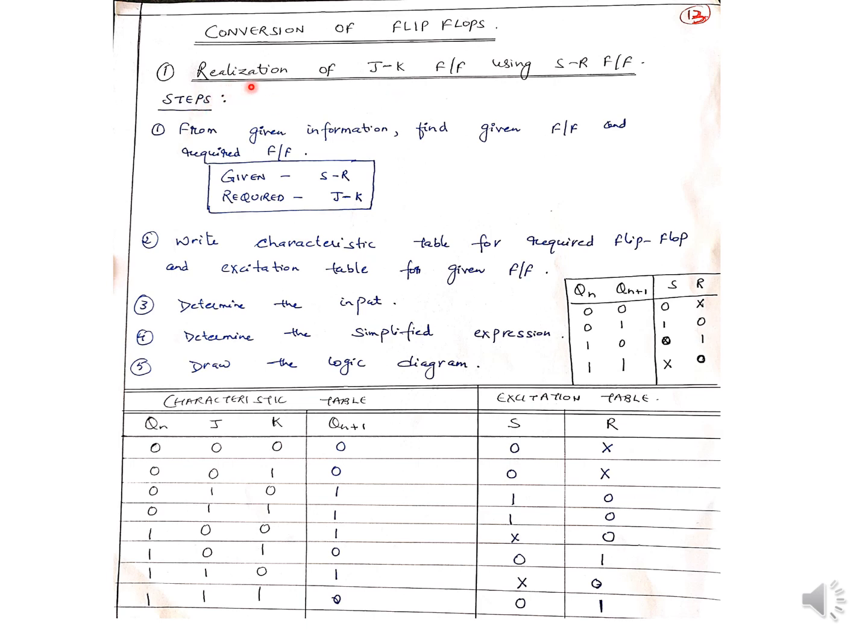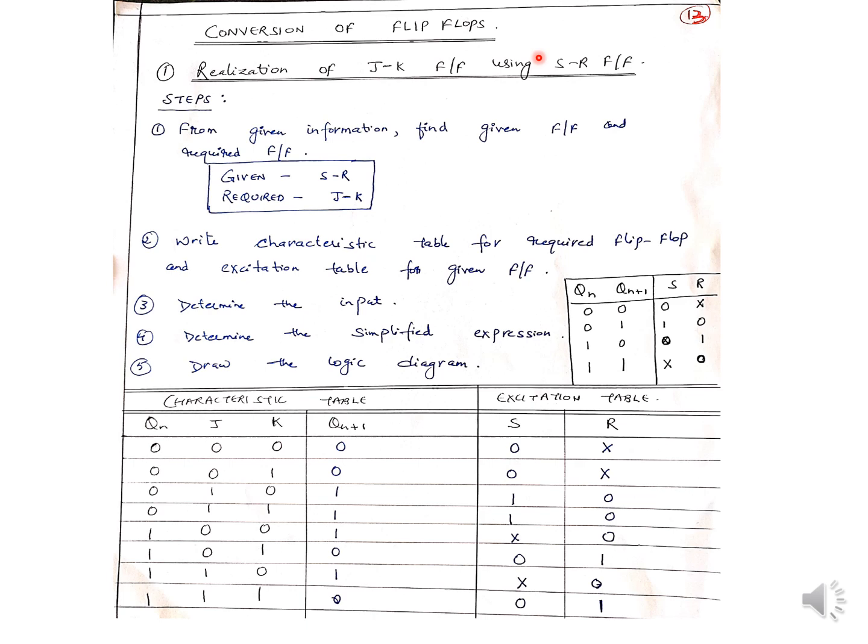This is realization of JK flip-flop using SR flip-flop. So from this statement it is clear that the SR flip-flop is given to you and we have to realize the JK flip-flop. You can see here, I have written SR as given and JK as required. Okay, so that was my first step, to determine which one is the given flip-flop and which one is the required flip-flop.